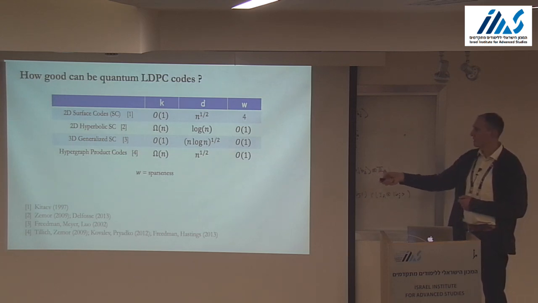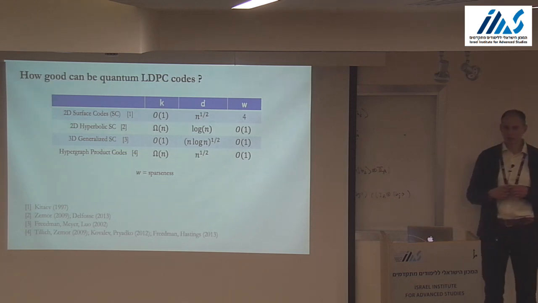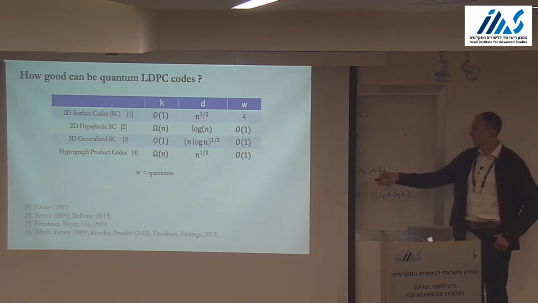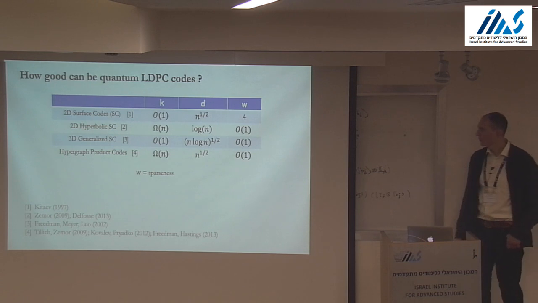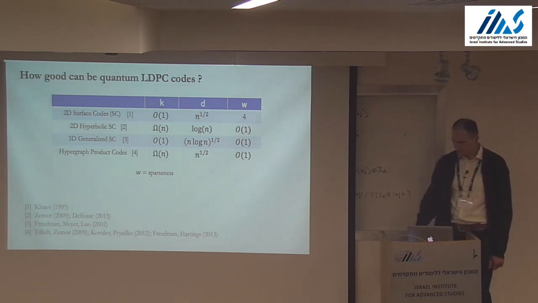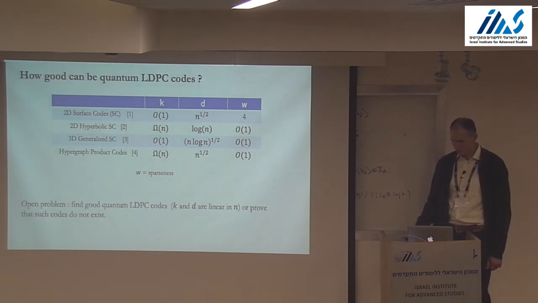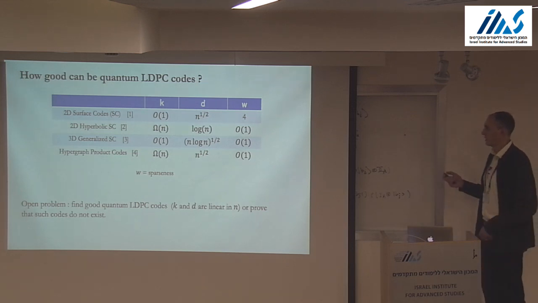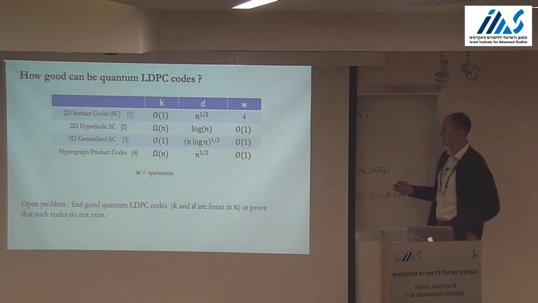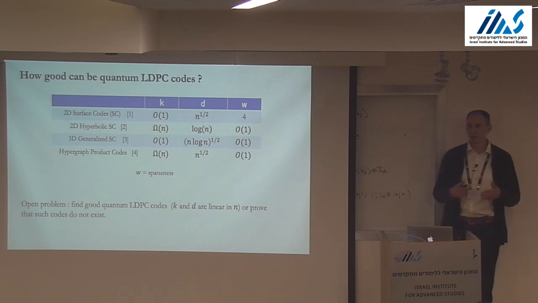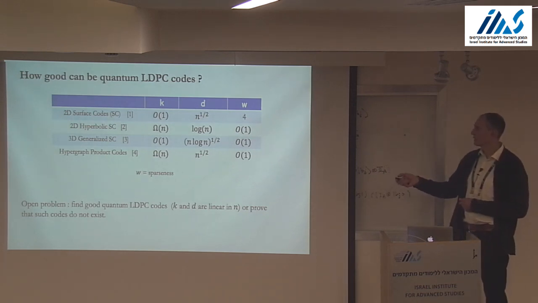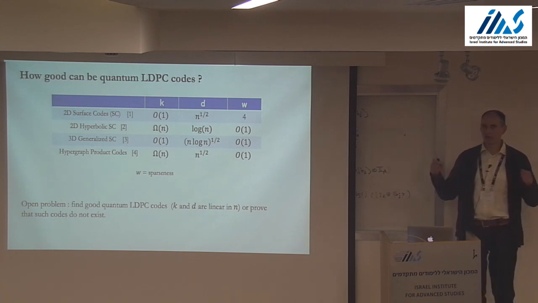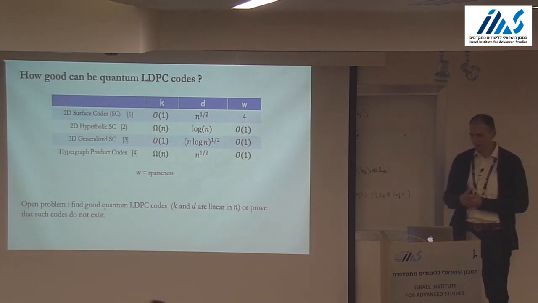And then there is a very nice construction called hypergraph product codes. It achieves both constant encoding rate and square root scaling of the distance. And it remains a big open problem whether it's possible to find good quantum LDPC codes that have both constant encoding rate and code distance scaling linearly with n.